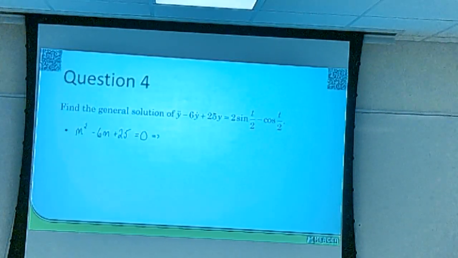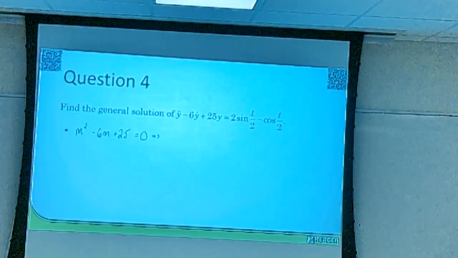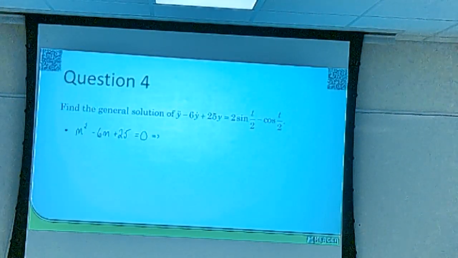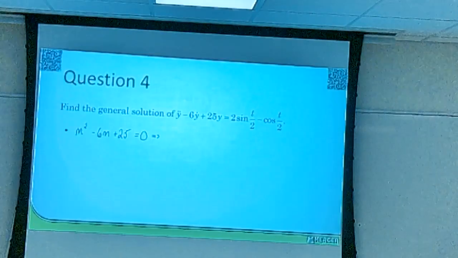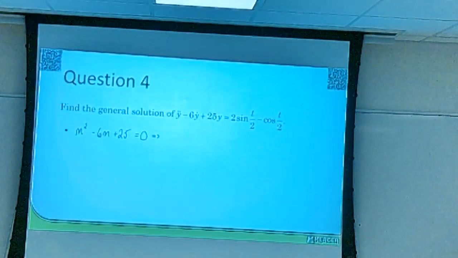What are the roots? Three plus or minus 4i.